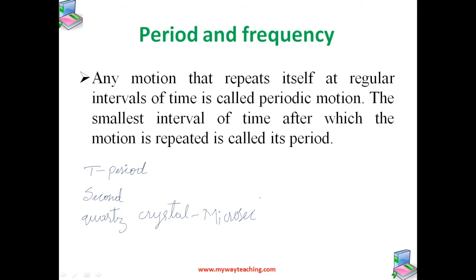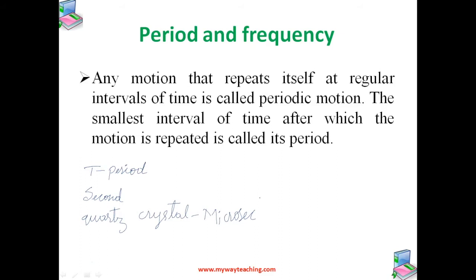And here the reciprocal of T, which means the reciprocal of the period, gives the number of repetitions that occur per unit time, isn't it? So we call that quantity the frequency of the periodic motion.